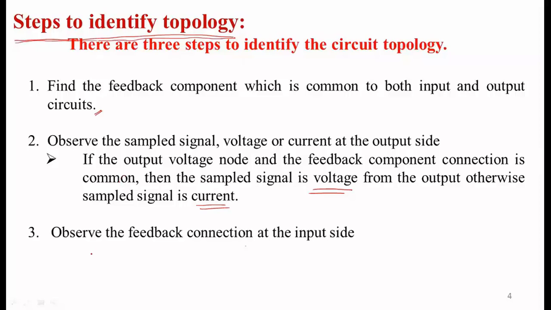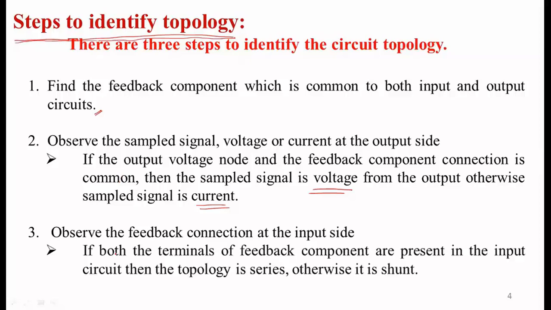Next, observe the feedback connection at the input side. For that, if both the terminals of the feedback component are present in the input circuit, then the topology is series, otherwise it is shunt. So in the first step we observed the feedback component.